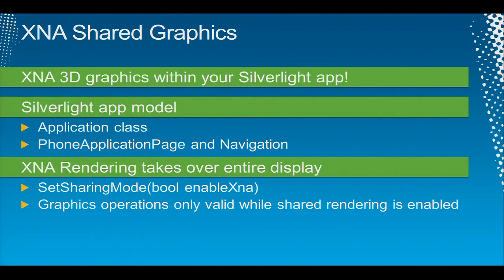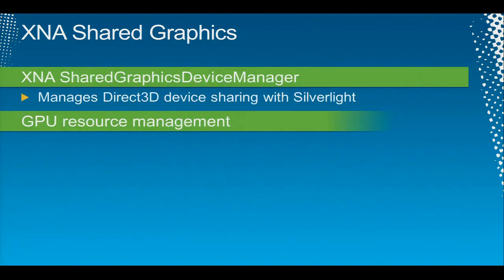Now, we have this new property called Set Sharing Mode, and you basically enable XNA capabilities within your Silverlight game, and it makes them available to you. If you try to do this within an application and you forget to enable this property and then add a lifetime service to app.xaml, it won't work. But it's pretty straightforward to enable within your application.